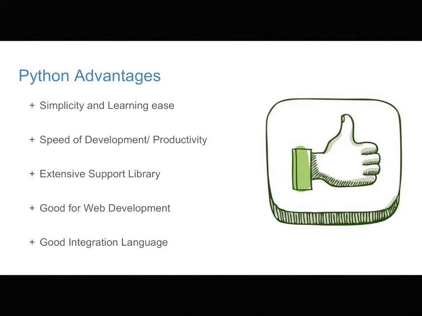This means it can do a lot of functions and it can complete a lot of tasks. One of these functions means that it's good for web development. It is also a good integration language, as there are many other applications on the first and third tier that are written specifically to work with Python, such as MongoDB.